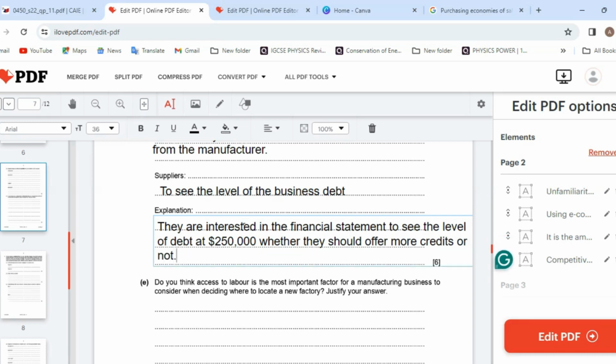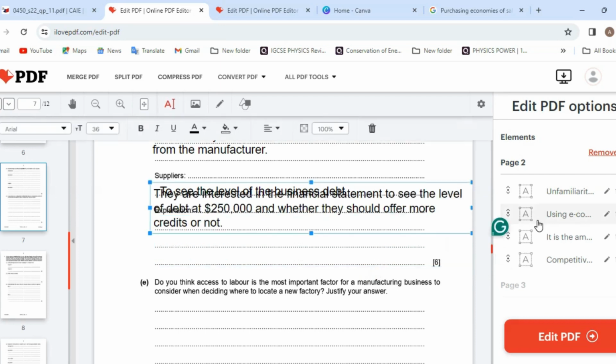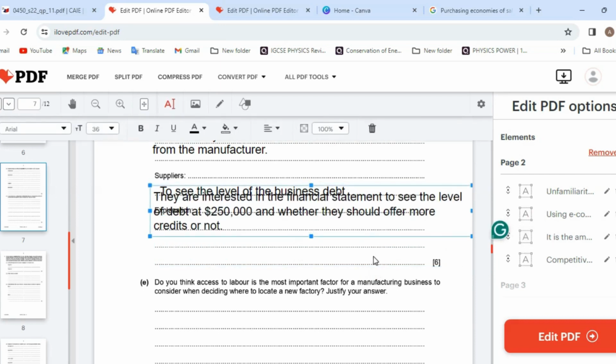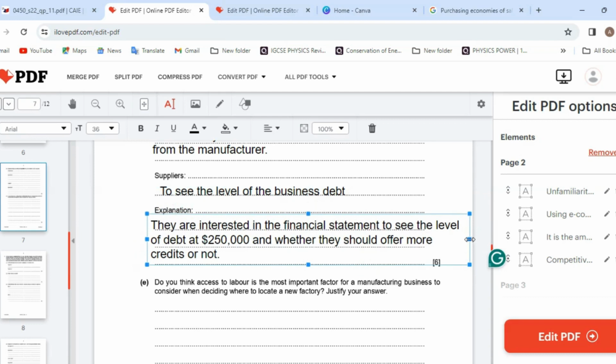That is why they are also interested in the financial statement. They are also interested in it to see whether the business has sufficient cash to pay them back, even when they sold to the business on credit.